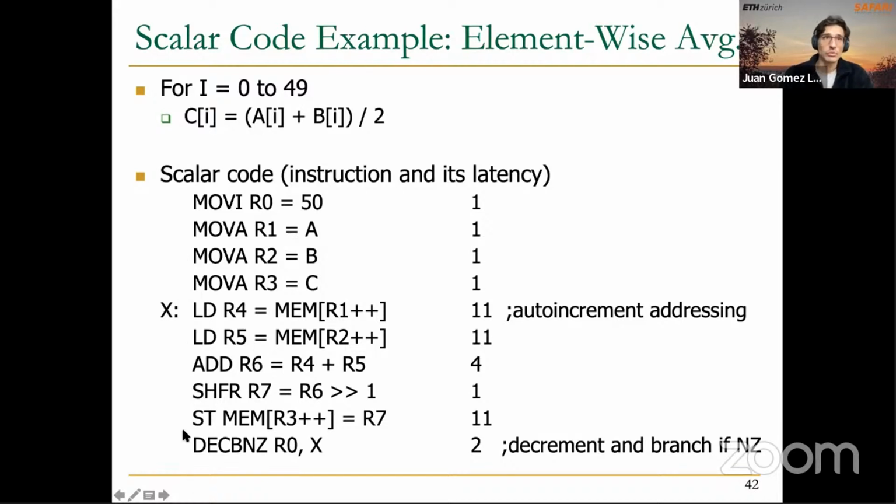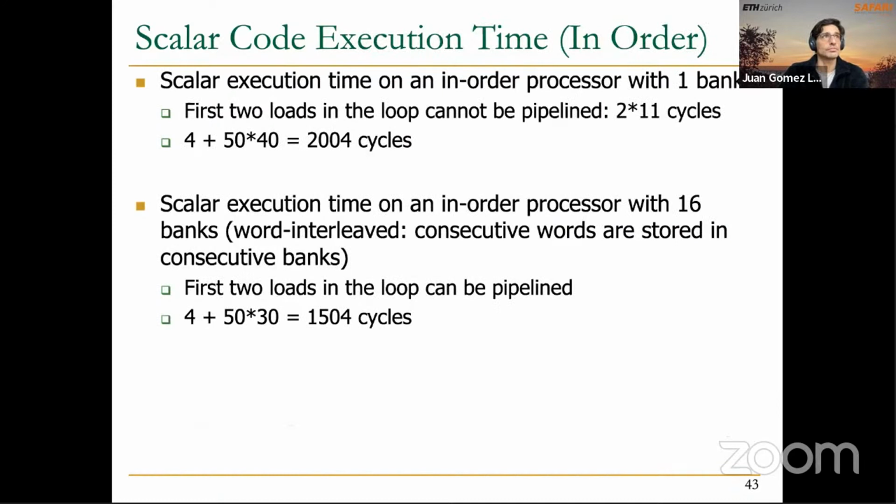So if you count the number of instructions here, you can count them: 1, 2, 3, 4, and so on. But when it comes to executing these instructions on the processor, it will take longer, right? It will take a certain number of dynamic instructions, which are the actual instructions that are executed. If you count them for this particular example, you will see that in total there are 304 dynamic instructions.